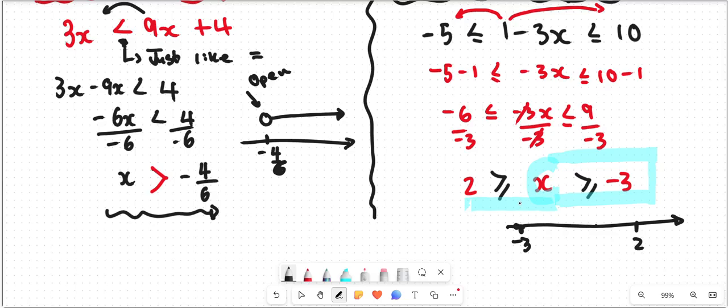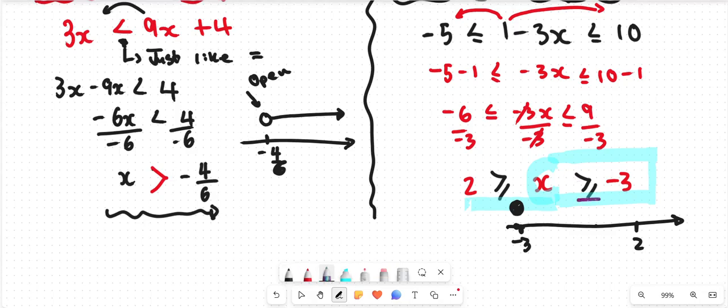Then this would have a closed circle, and you're sitting there wondering, why is it closed, Mr. Malachi? Because this sign says greater than or equal to. So the fact that we have a slight dash there at the bottom, it means equal to. So it means one of the values includes the negative 3. So closing the circle, I'm saying negative 3 is included as part of those solutions.